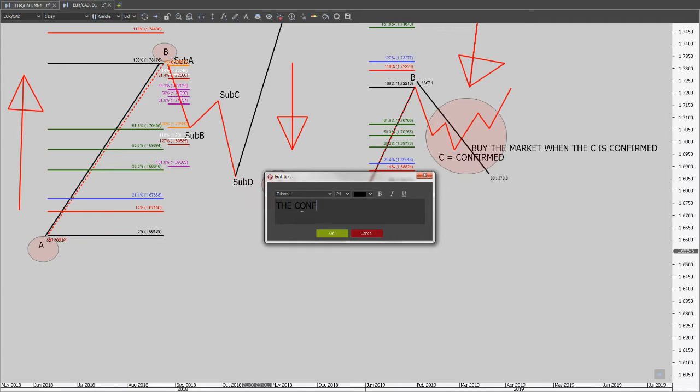The confirmation Fibonacci is the Fibonacci that confirms the change in direction from the retracement to the extension.